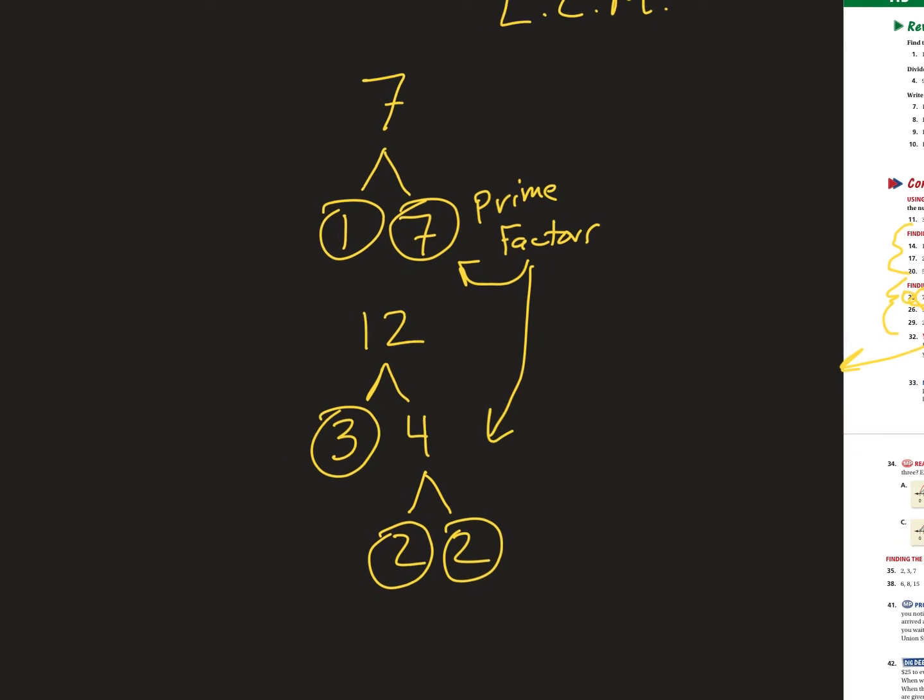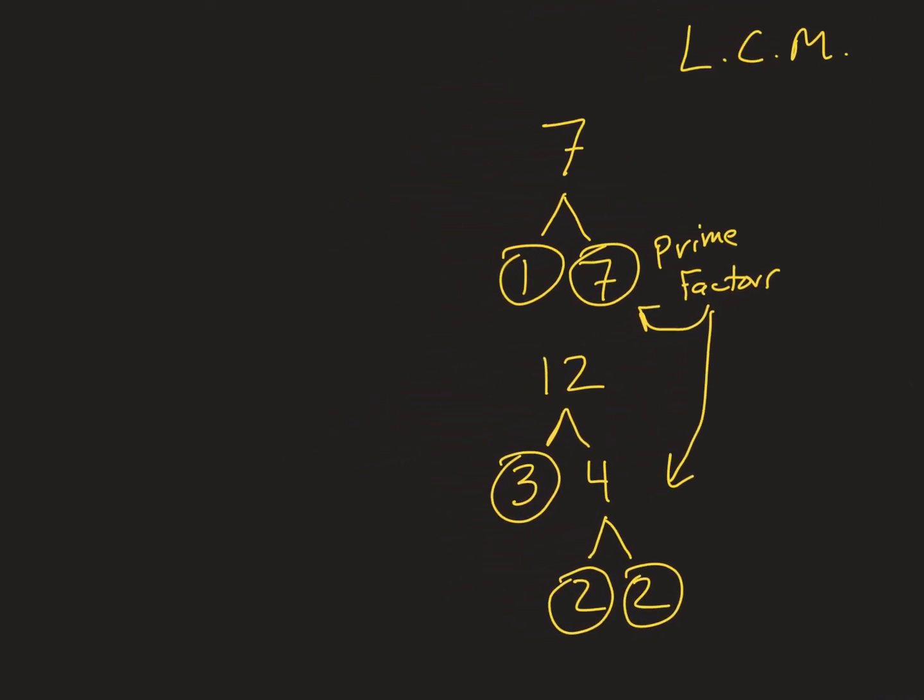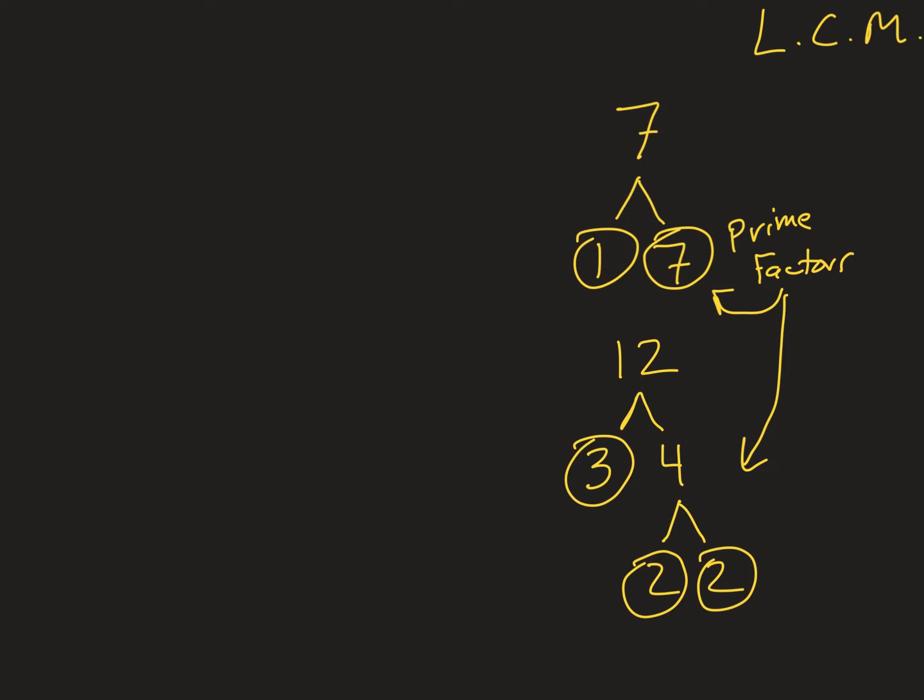Now, similar to the GCF, we're going to start lining these up. It's extremely important to line them up in a specific way. I'm going to take my number 7 and write down the prime factors, 1 and 7. Then for the 12, I'm going to do the same thing. When I have a prime factor that matches the prime factors from my 7, I'm going to put them on top of each other.